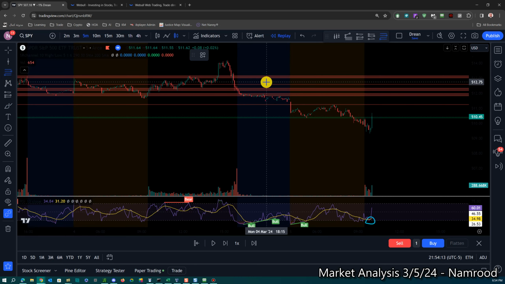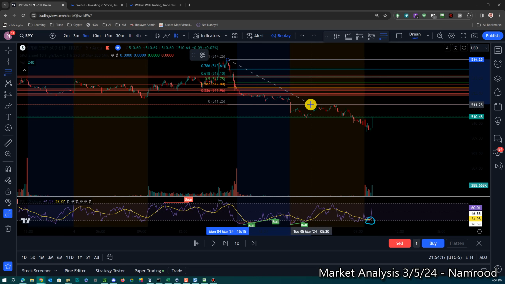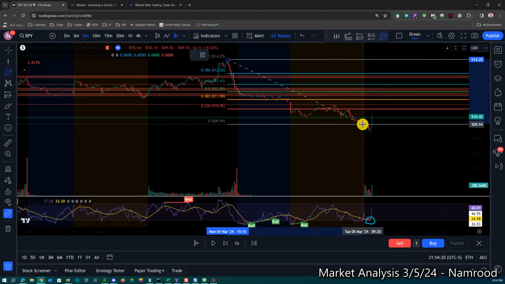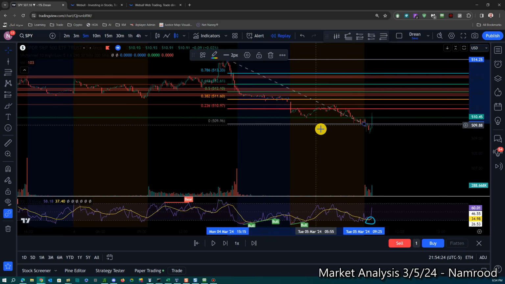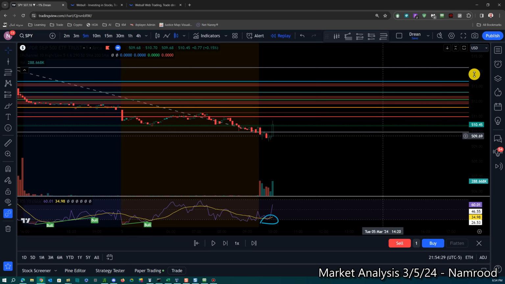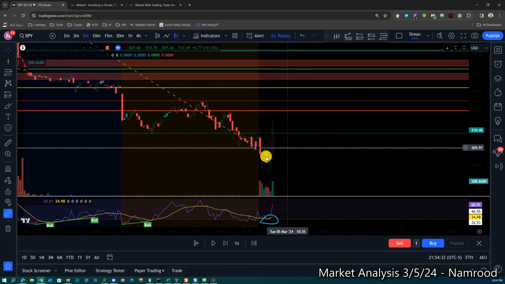Maybe he saw that, but I would say that this big candle was completely unexpected, and it was on very good volume, but actually a fake breakout, because see what happened in the next candle. I would say that was key.